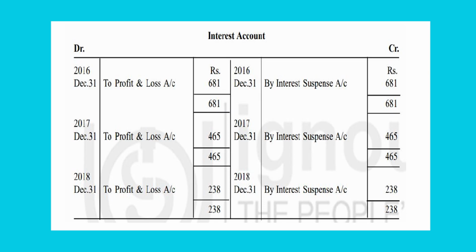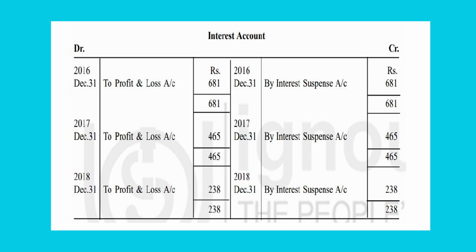Again it will be transferred to the profit and loss account. Entry will be interest account debit to profit and loss account. Then again in third year, by interest suspense 238 which is included in the third year installment. Again the amount of interest will be transferred to the profit and loss account. From the interest suspense account, every year the interest amount will be transferred to the profit and loss account.